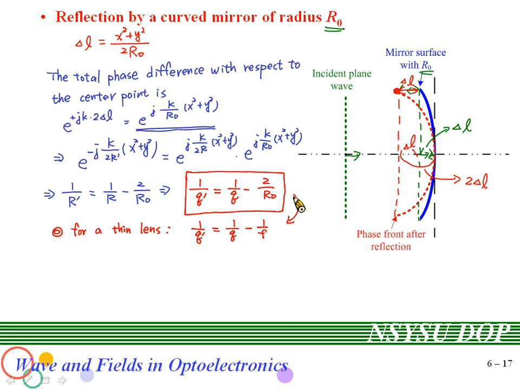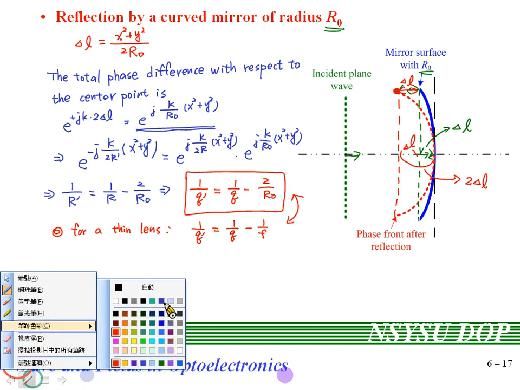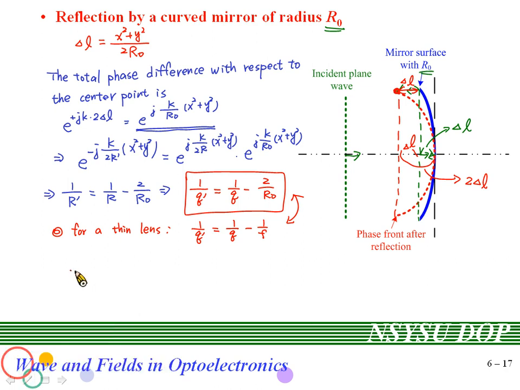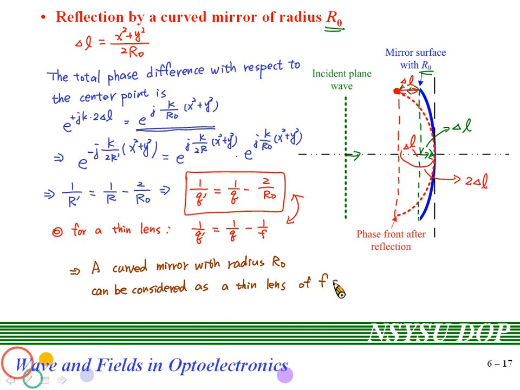And comparing these two, we can say that a curved mirror with radius R0 can be considered as a thin lens of focal distance f defined as half R0.